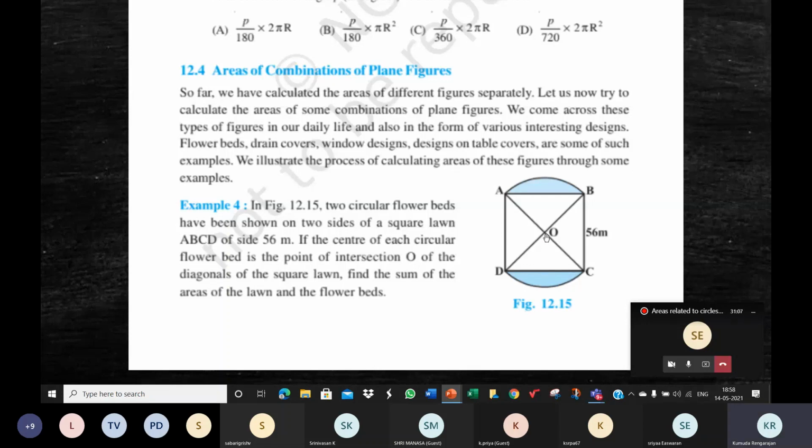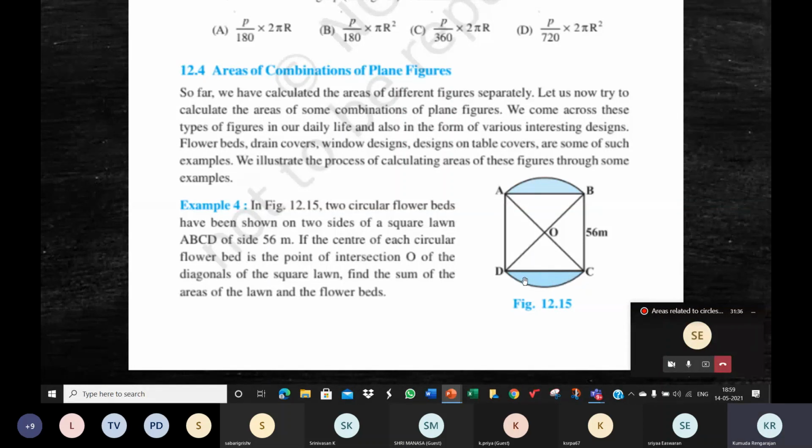So clearly, since we know that O is the center of that circle, and the points C and D lie on the arc, on the circumference of the circular flower bed, and from the center to any point of the circumference is the radius, clearly OC and OD are the radii of this circular flower bed.